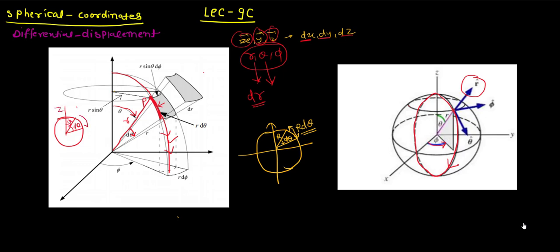So the length of this arc or small element would be small r times d theta, because the radius of this vertical circle is small r. So we have now found the length of the element in the direction of theta. In the direction of r it was dr, and in the direction of theta we found it is r d theta.